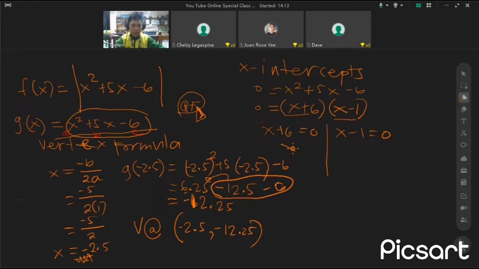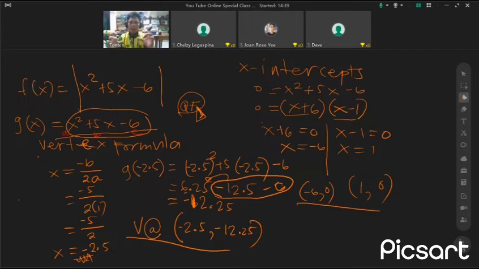This gives negative 6, while the other one is positive 1. Thus, our coordinates are negative 6 and 0, and 1 and 0. Now that we have the vertex and the two intercepts, we can graph the quadratic function, or the parabola.